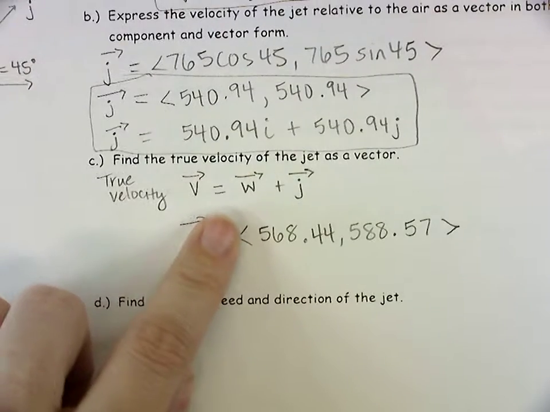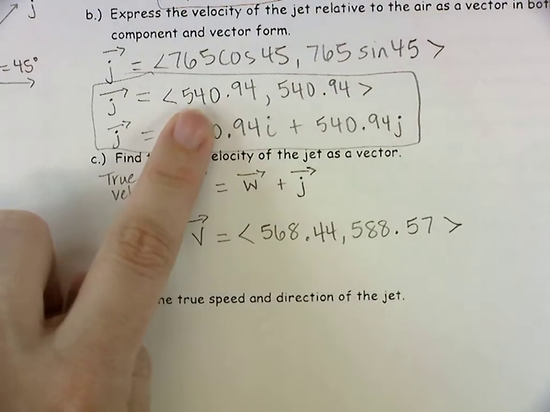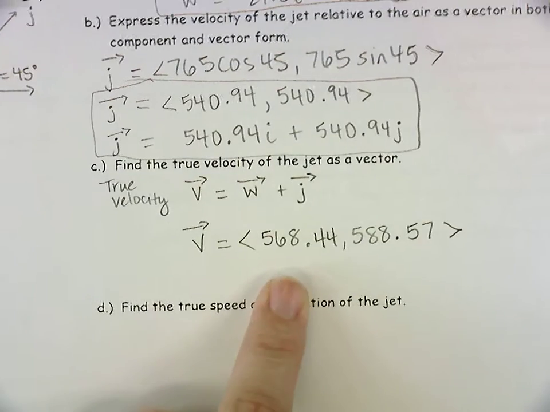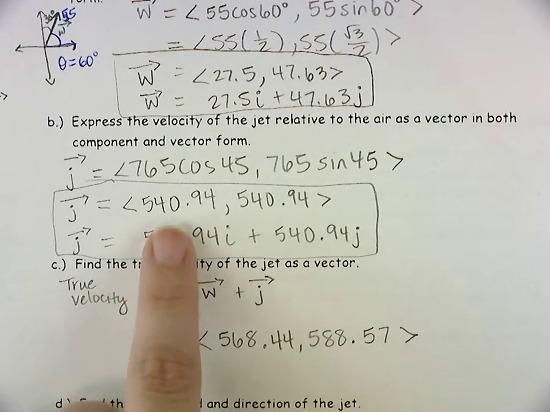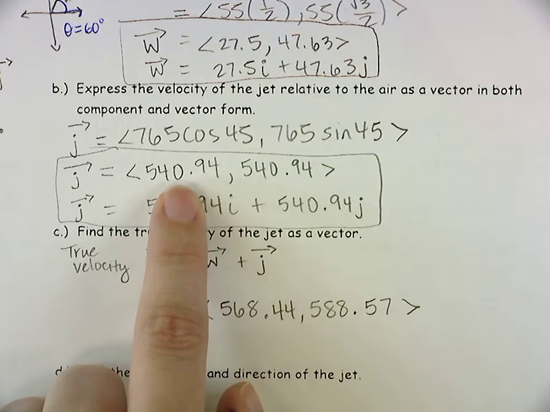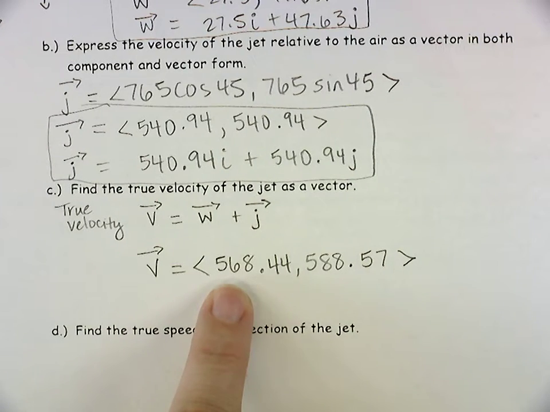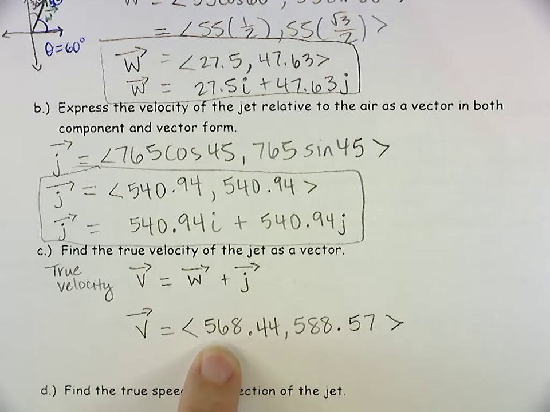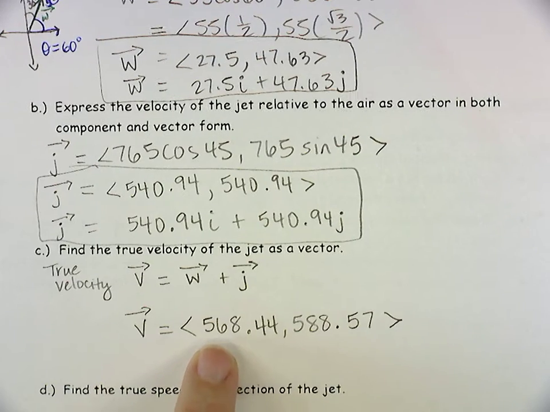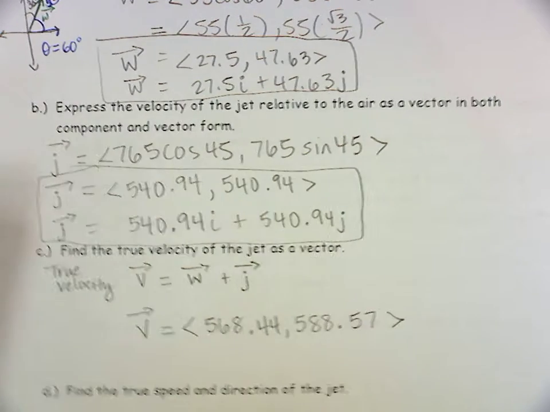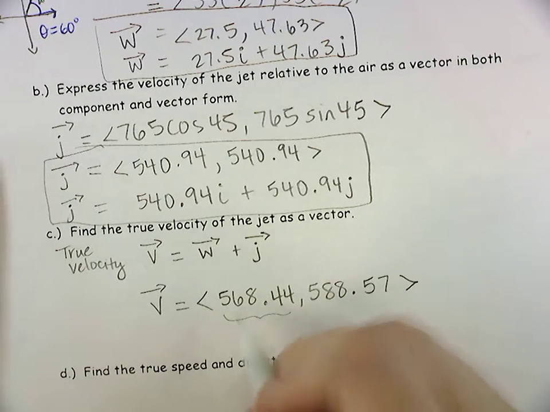Okay, so then we're just going to add both horizontal components together. So again, you're getting this from adding the 27.5 plus the 540.94. When you add those two together, you're going to get 568.44. And then we're also going to add the other two components. Do you guys want me to just write where that comes from?